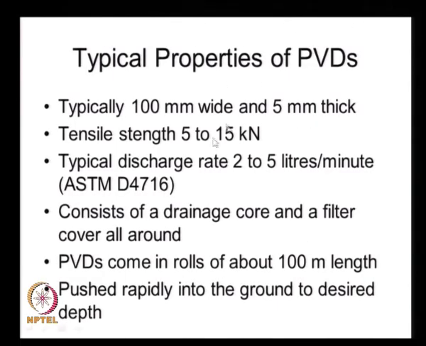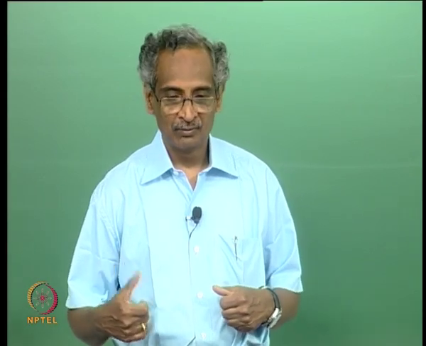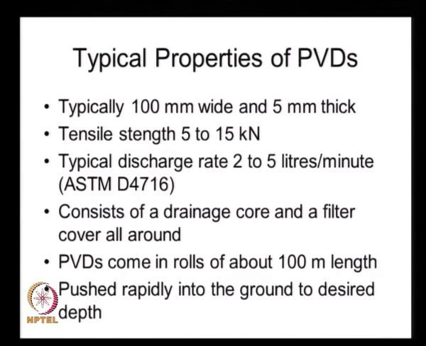The tensile strength of each of these PVDs is about 5 to 15 kilonewtons, because they are made of very good quality geotextile, and because of that they have very good strength. And typical discharge rate that is measured as per ASTM D4716 is anywhere from 2 to 5 liters per minute, which is quite substantial.